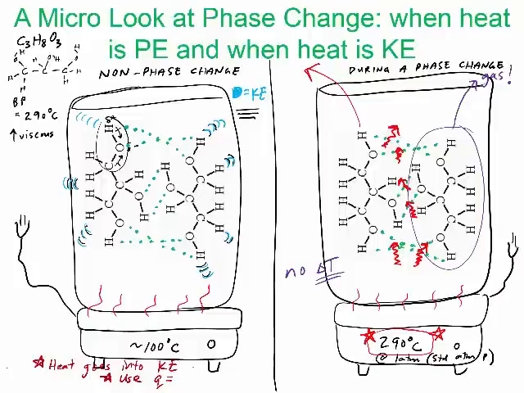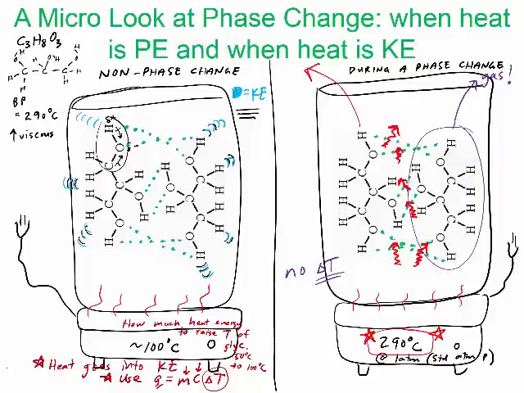For example, if you had a question that said, how much heat energy does it take to raise the temperature of glycerin from 50 degrees Celsius to 100 degrees Celsius, you would use our normal heat equation, Q equals mc delta T. You would need the heat capacity of glycerin, the quantity of glycerin in grams, and the required temperature change.